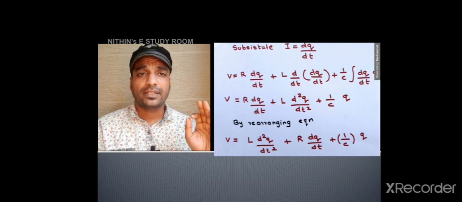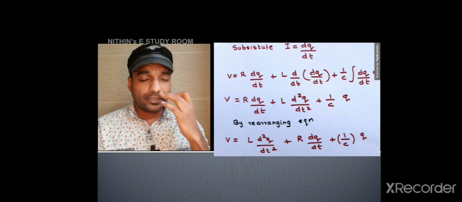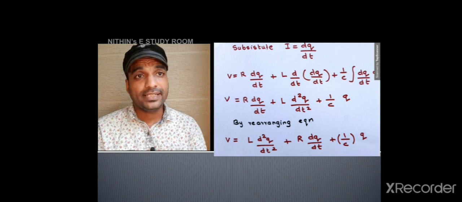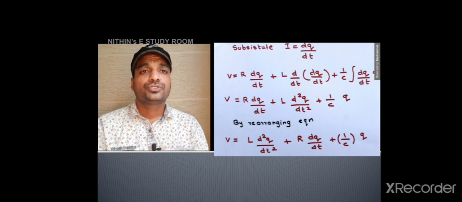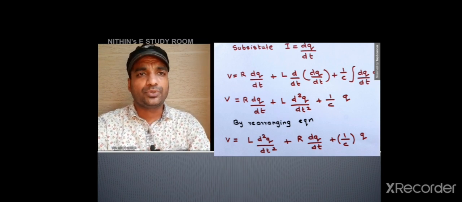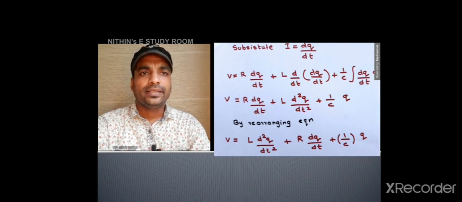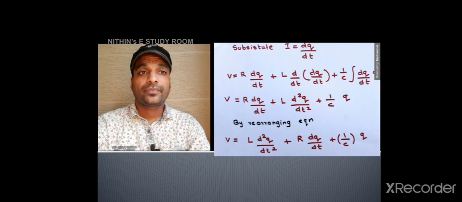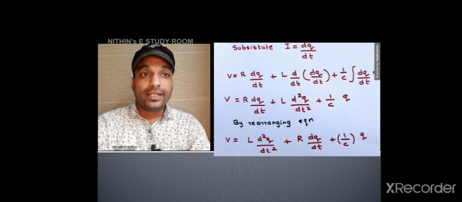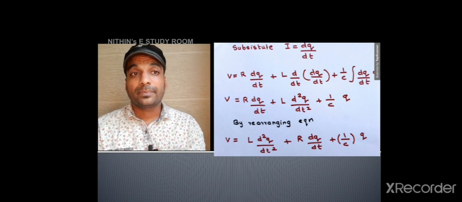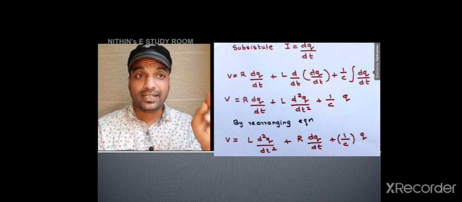Current is nothing but the rate of change of charge Q, I is equal to dq by dt. So instead of I, I am substituting dq by dt. So V is equal to R into dq by dt plus L into d by dt of dq by dt and 1 by C integral of dq by dt into dt, because previously it was 1 by C integral I dt.